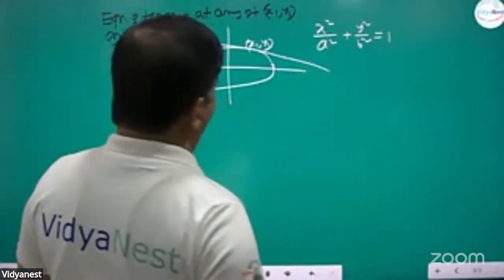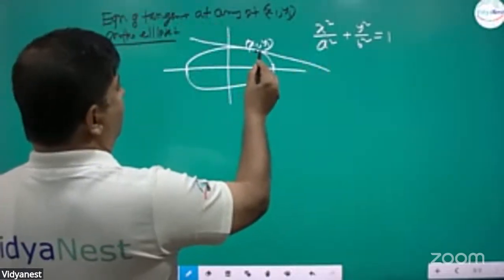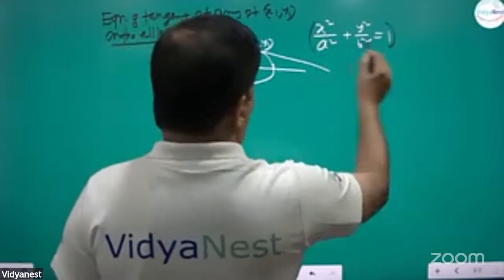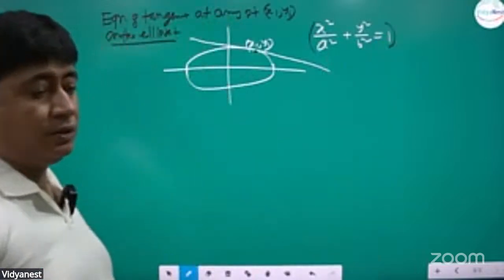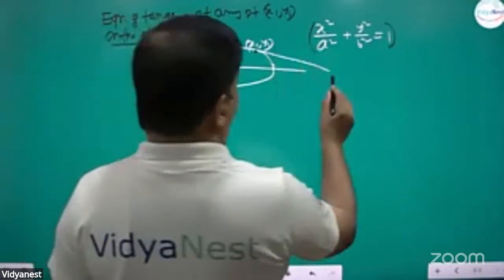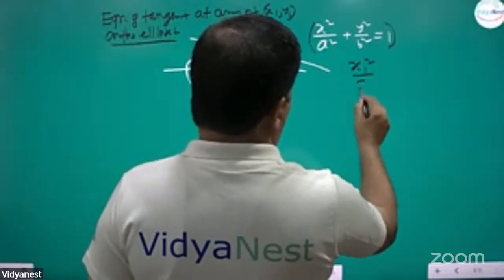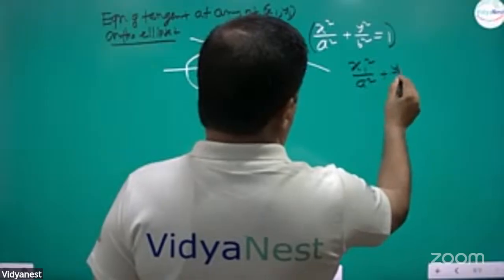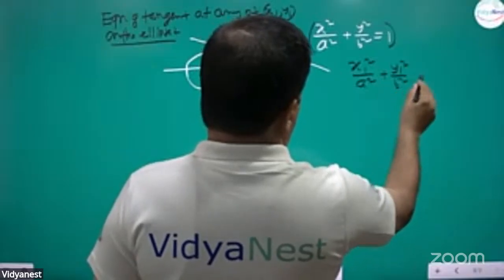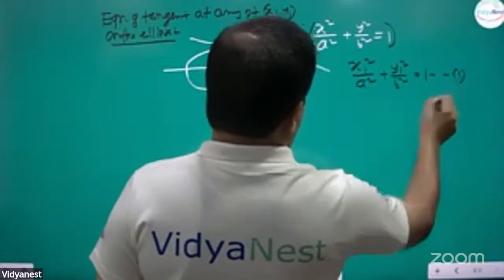So, x1, y1 lies where? On the equation of the ellipse, on this curve. So, x1, y1 will satisfy the equation, that is result number 1.